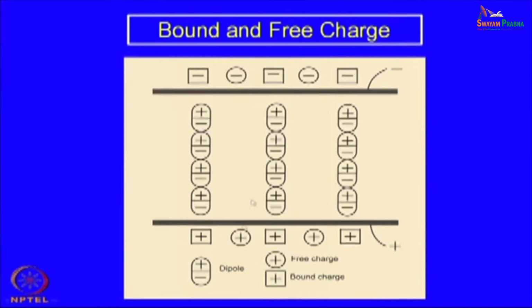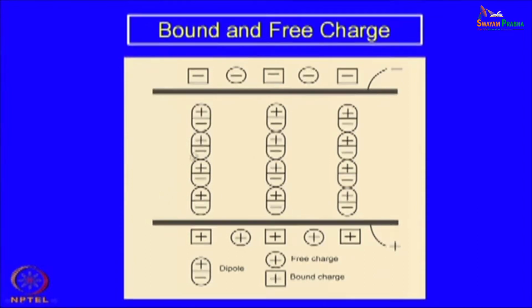This is two parallel plates or electrodes, these are conductors, one at the top, one at the bottom, and we are applying a negative potential on the top and a positive potential on the bottom electrode.